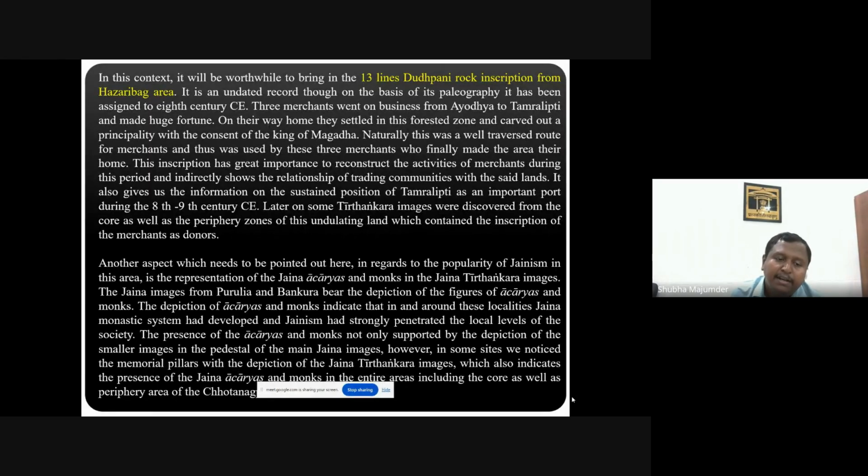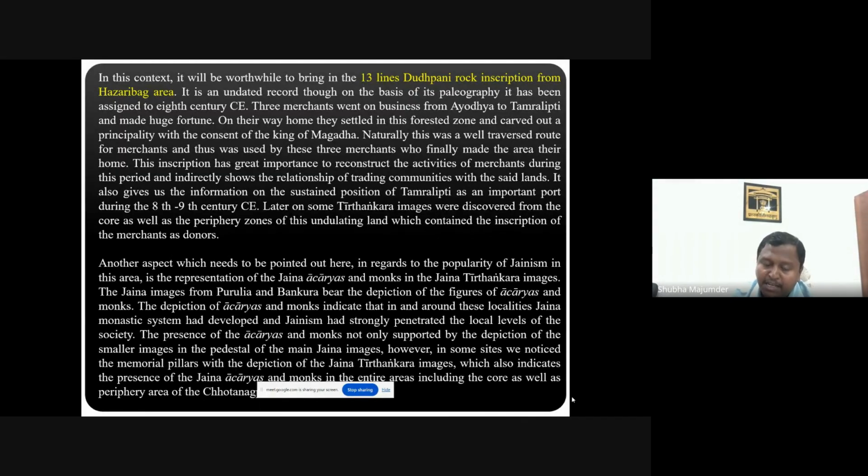Another aspect to be pointed out regarding the popularity of Jainism in the area is the representation of Jain Acharyas and monks in the Jain Tirthankara images. The Jain images from Purulia and Bankura bear depictions of the figures of Acharyas and monks. This indicates that in and around this locality the Jain monastic system had developed, and Jainism had strongly penetrated the local level of society.